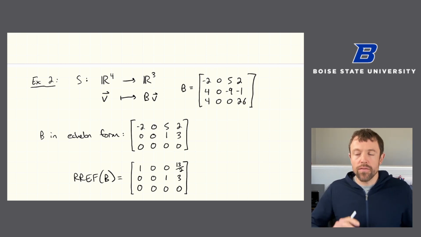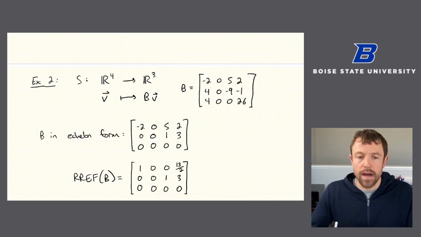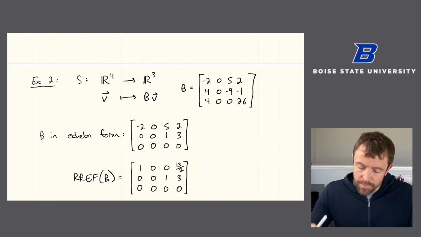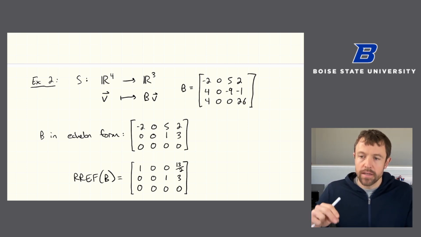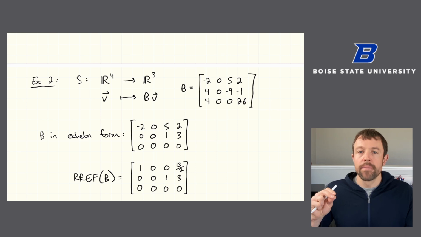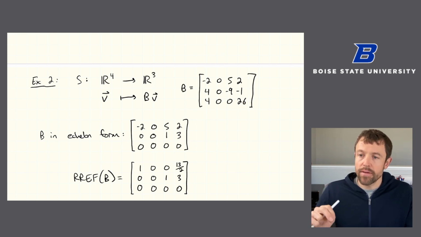All right, so far what I've talked about hasn't allowed us to do any calculations, really. We're trying to understand what these things are. But given an example, how do we find these spaces? How do we find the range of this transformation S, and how do we find the null space of this transformation S?